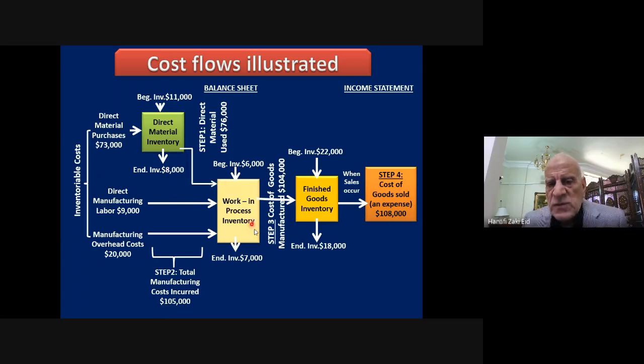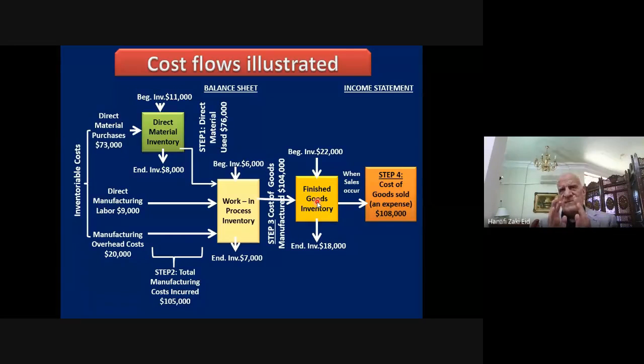We say cost in each of these steps, because as we defined cost at the beginning of our course, cost was defined as economic sacrifice. It's a sacrifice. And in all of these steps, the firm sacrifices. So these are called costs.